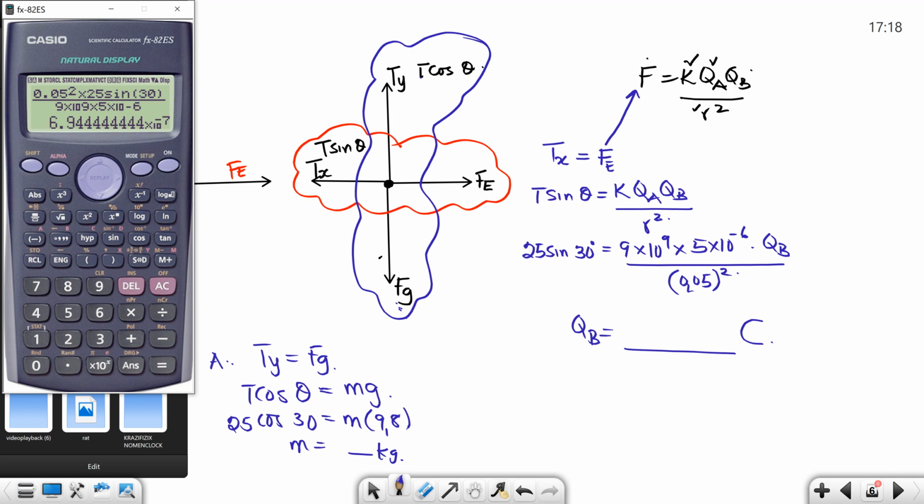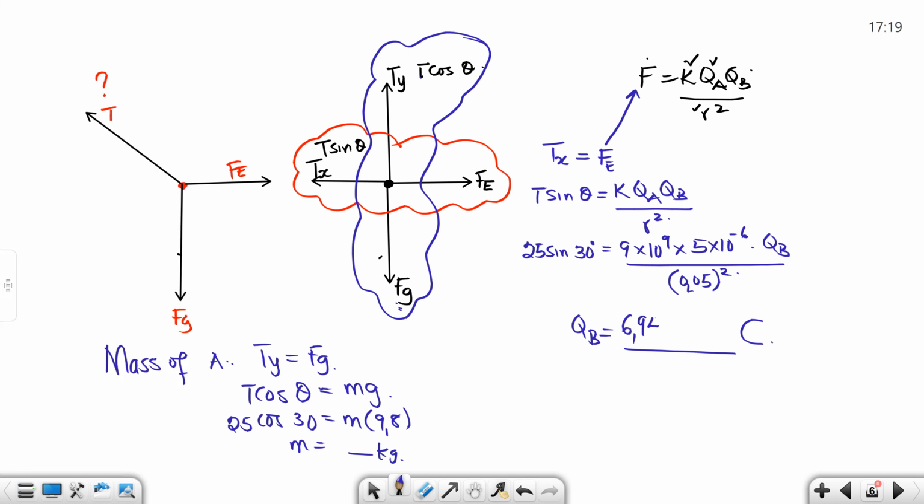Because we cross multiply 0.05 squared times 25 sine 30. Then we divide both sides by 45 times 10 to the power 3. So this is what I'm getting: 6.94. Anybody confirming? 6.94 times 10 to the power negative 7. 2 decimal places.